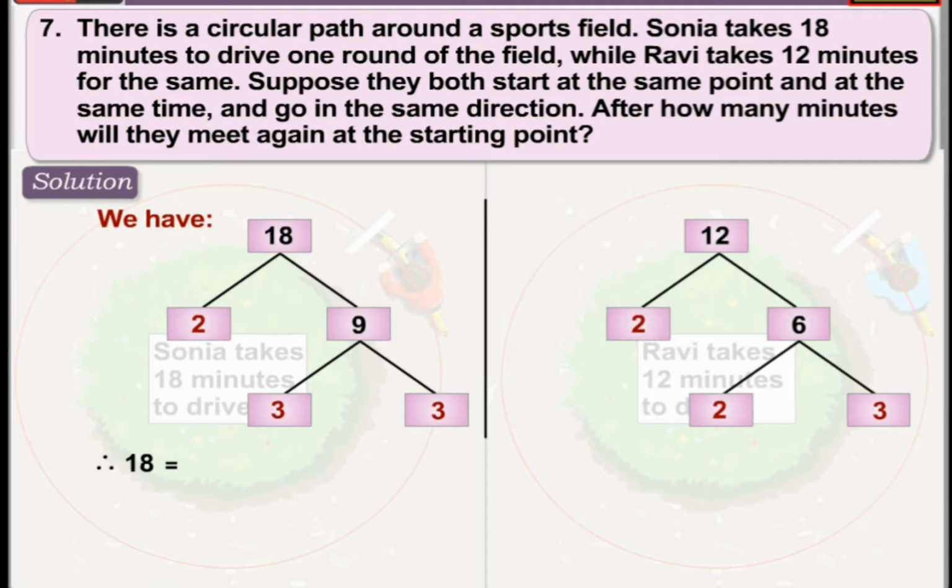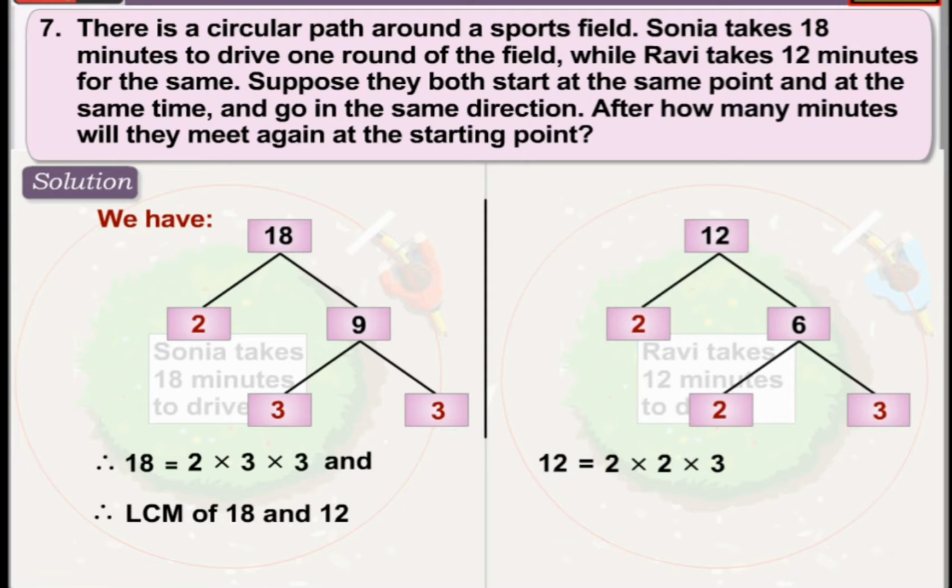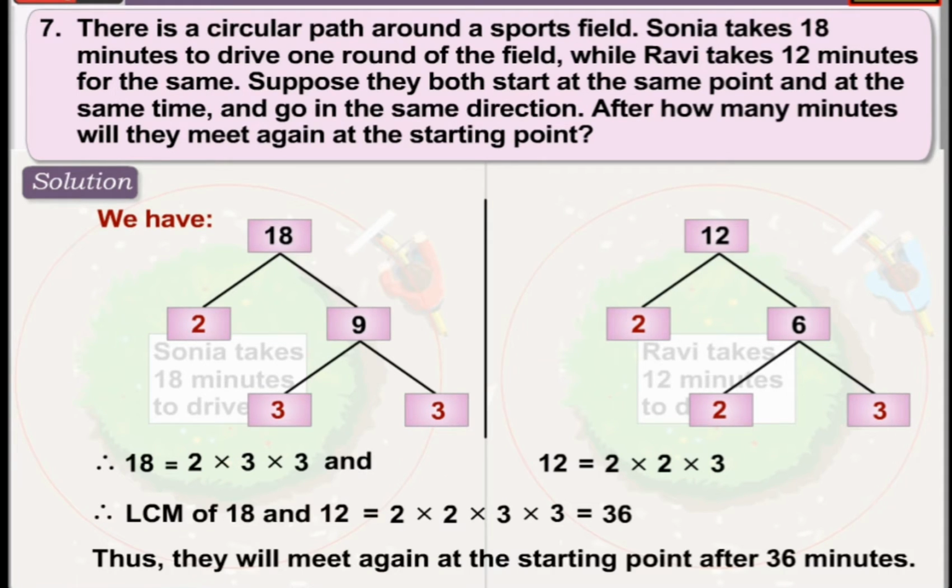So 18 is equal to 2 into 3 into 3 and 12 is equal to 2 into 2 into 3. Therefore, LCM of 18 and 12 is 2 into 2 into 3 into 3, that is 36. Thus, they will meet again at the starting point after 36 minutes.